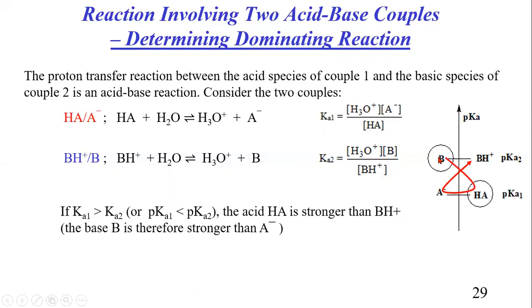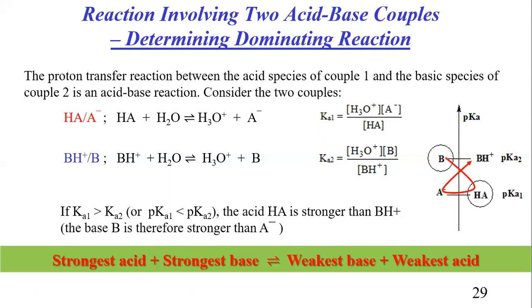And the rule says that we should go according to the gamma rule, which is the strongest acid reacting with the strongest base. So who's the strongest base? Right there. It's going to react with the strongest acid right here, and that goes in accordance with gamma. We form a gamma.